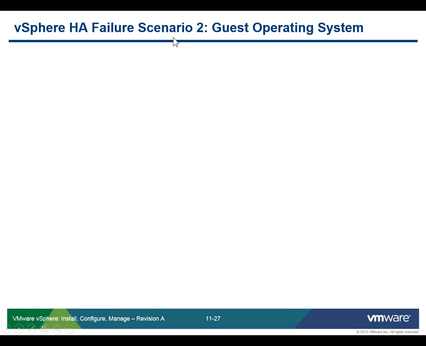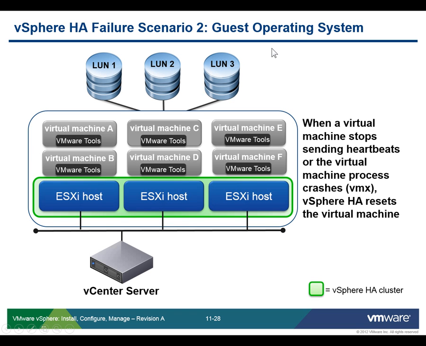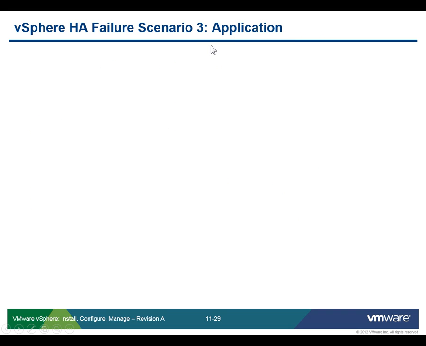The second scenario is a failure of a guest operating system. We have a guest operating system running in this ESXi host. If the guest operating system crashes, high availability restarts the entire virtual machine, which reloads the guest operating system. And the third example is an application failure.